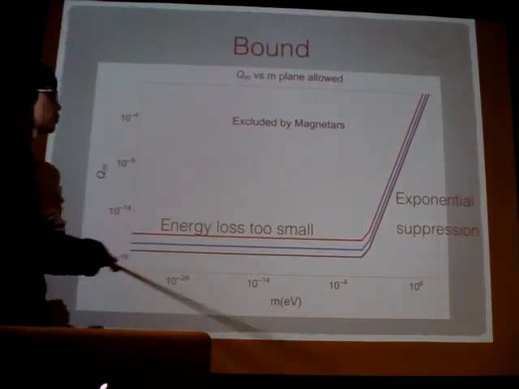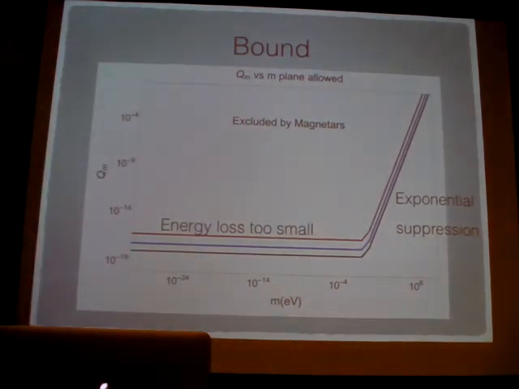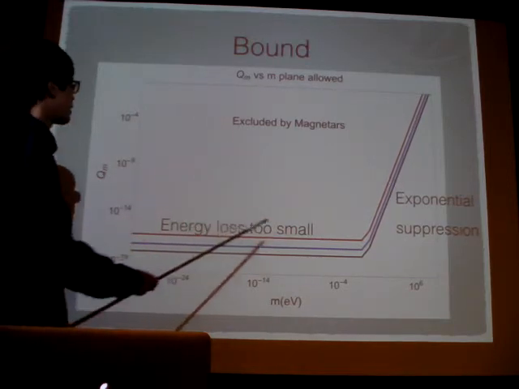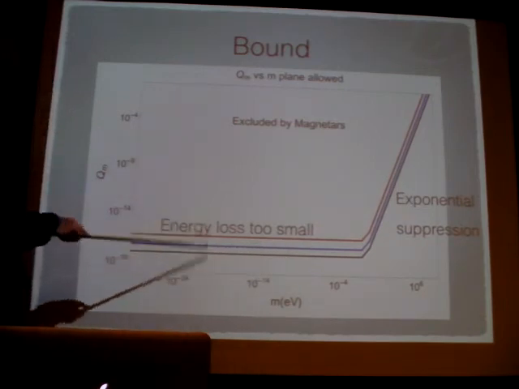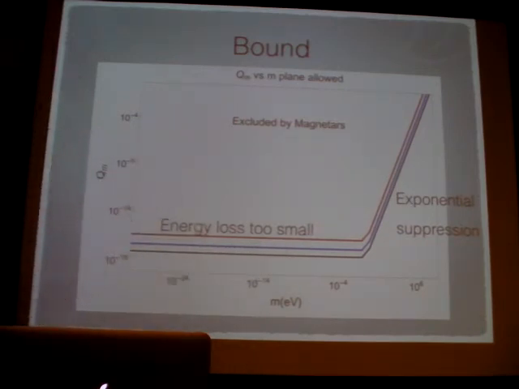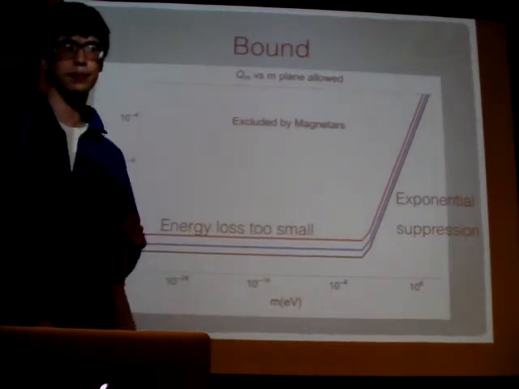In fact, this bound hits all the way up to GeV, because the magnetic fields are so large that you can even live with a small exponential suppression. And then here, the reason why it gets capped off is because the energy loss is too small. As the charge goes to 0, they carry away less and less energy. And so at this point they just stop carrying away enough energy.